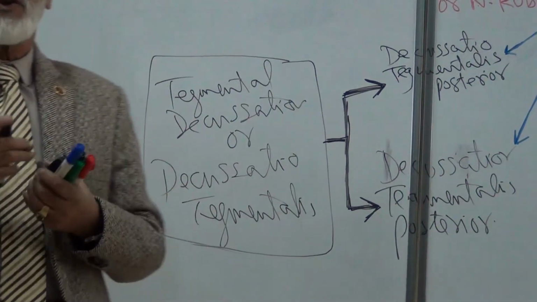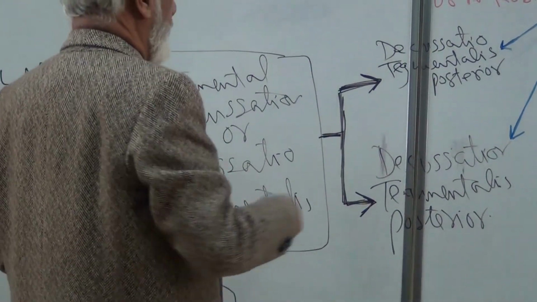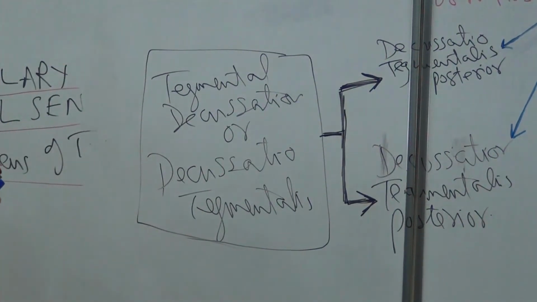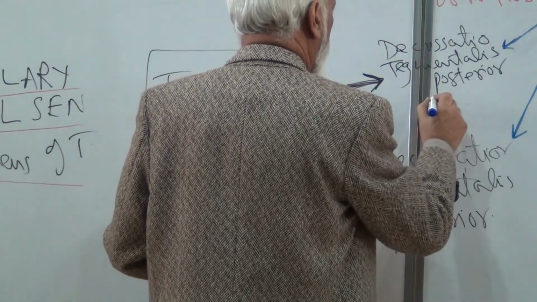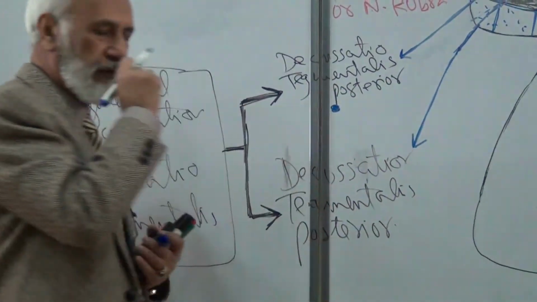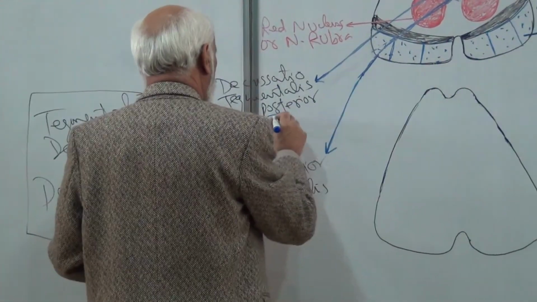Here is decussation of nerve fibers. Now, which nerve fibers decussate through the decussatio posterior? Two tracts decussate here: tectobulbar and tectospinal tracts.